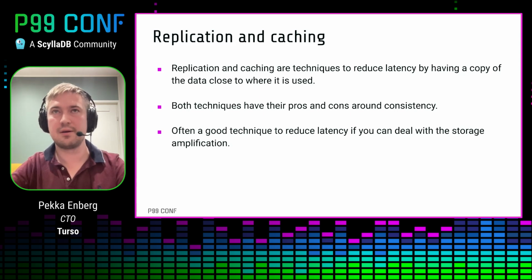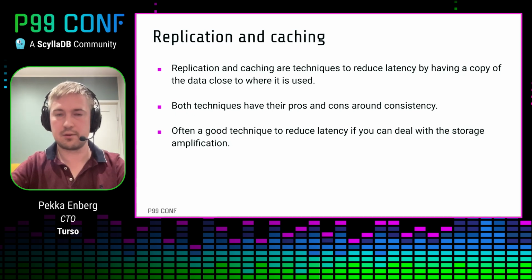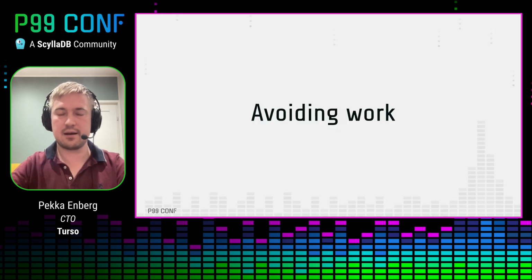So how the copy of the data that you're using behaves, can you write to it? If you write to it, what kind of guarantees you have, and so forth. And also how many different versions of the data can you see. But replication and caching are really great general purpose techniques to reduce latency if you can deal with the storage amplification. Because we're making copies of the data, we're going to use more storage than with just a single copy. So that was basically avoiding data movement.